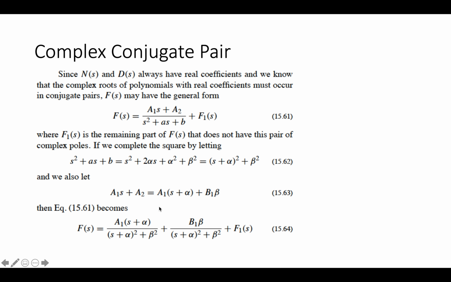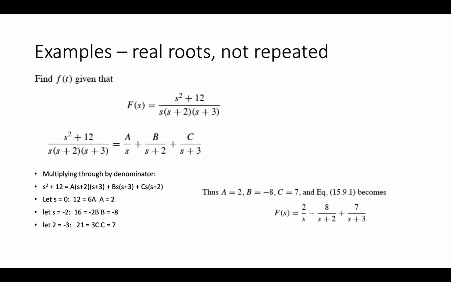If we do that, then we can split this into two functions where we have the s plus alpha part in one part and the beta part in another part, and our constants a1 and b1. Once again, the reason for doing this will become clear when we look later in the semester at the Laplace transform, but right now we're just trying to teach the technique on what to do with the polynomials. So I'm going to end the lecture here, and then we will look at some examples.